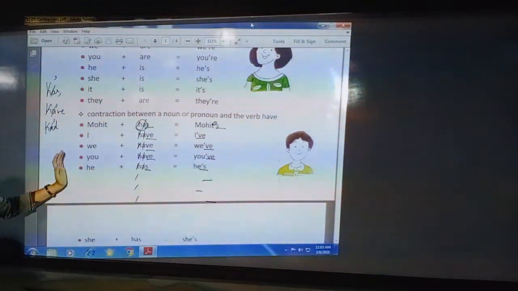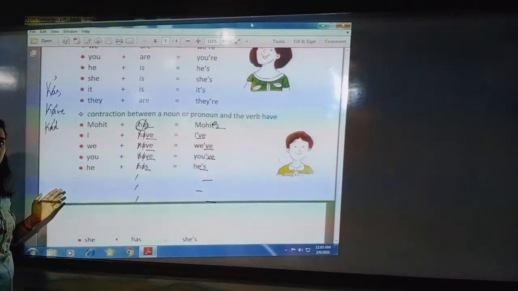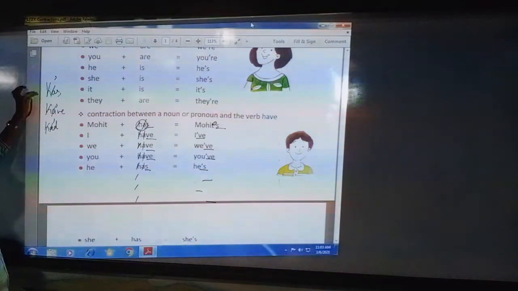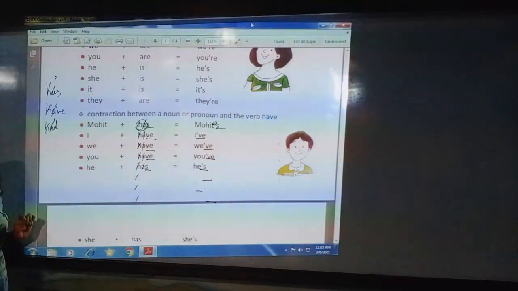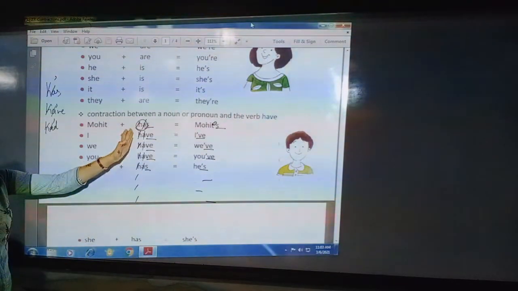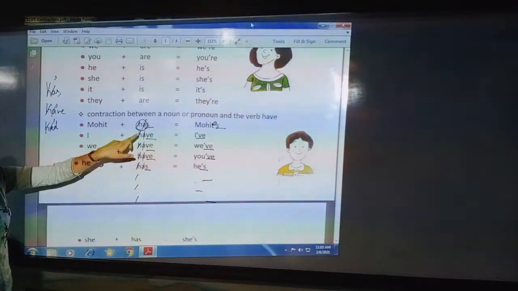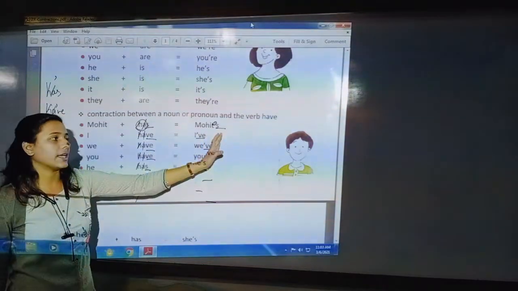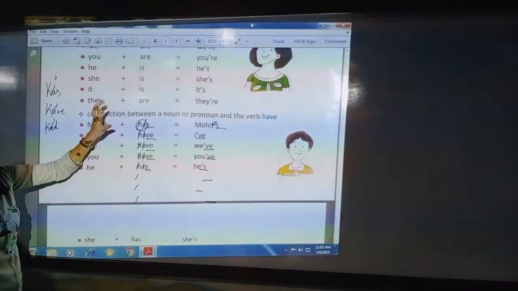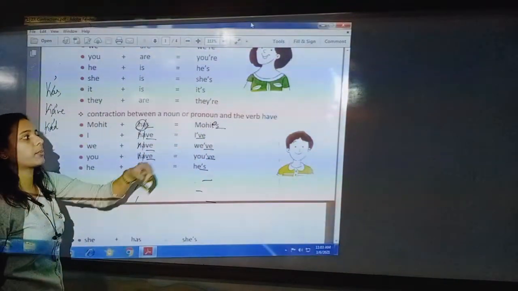So, first word will be as it is. Second word, when it is has, have, had, we will remove two initial letters, H, A, and the last one will be written as it is. And where we have eliminated the letters, at that place we will put apostrophe.